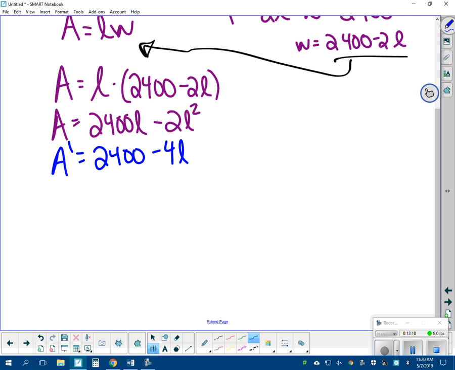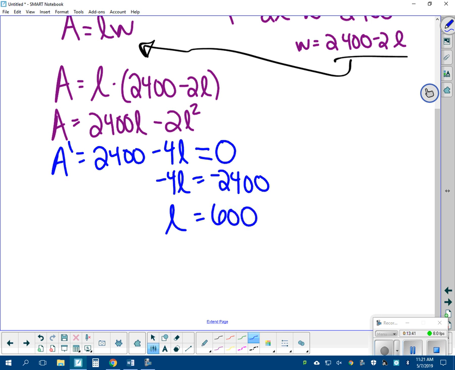In related rates, at this point, you plug information in. Do we have any other information? No. What are we trying to do on an optimization problem? Yes, so that means we have to set this equal to 0. So your only critical value is L equals 600.